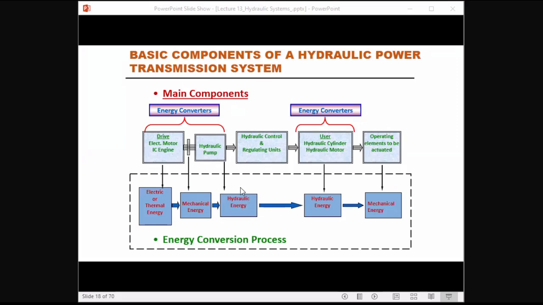Okay, then after that, here you can see hydraulic controlling system and regulating units. What is the meaning of controlling system? Controlling and regulating units. Now, after the hydraulic energy is generated, it passes through hydraulic control and regulating units.